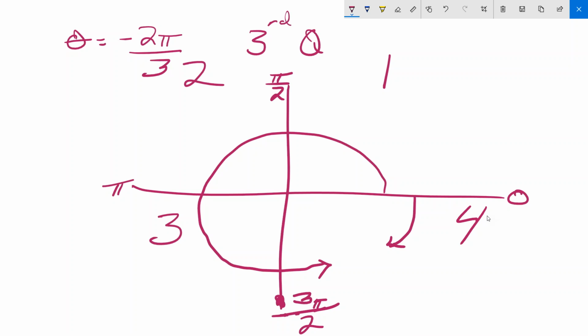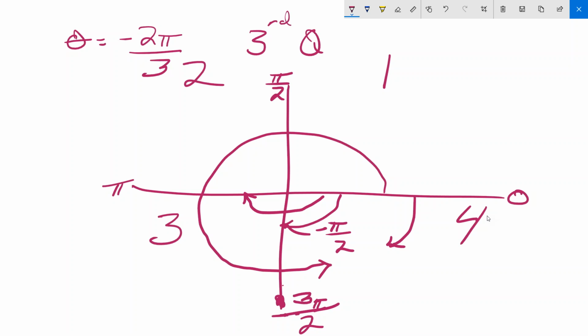So where does minus 2 pi over 3 put me? Actually, it's quadrant 3, and here's why. This angle right here is minus pi over 2. Remember, pi over 2 is 90 degrees. If I were to go all the way to this angle, it's 180 degrees.